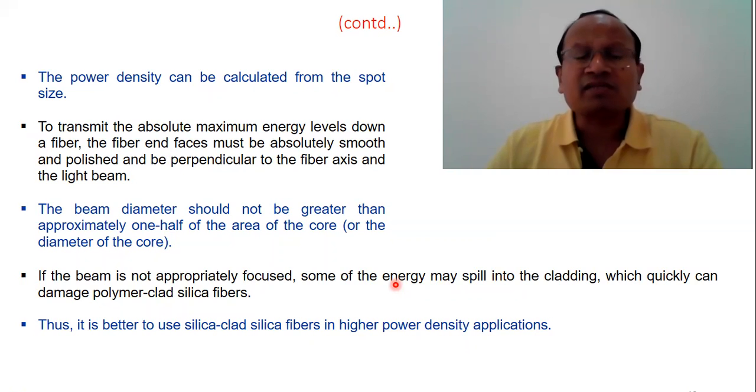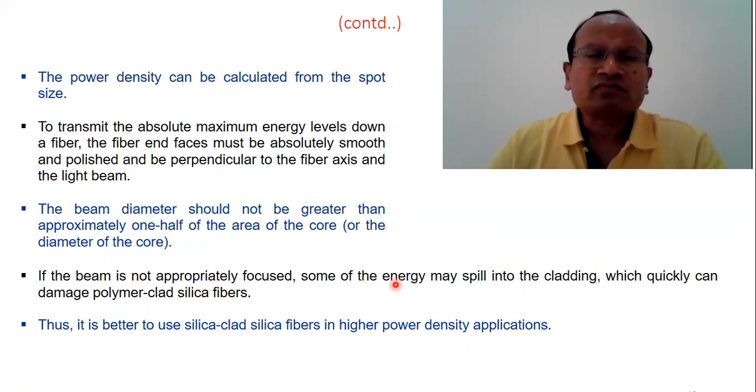So let us summarize that losses are there in an optical link communication system. There are different factors involved: impurities, bending, inhomogeneity, or connecting two fibers are the main factors for losses.